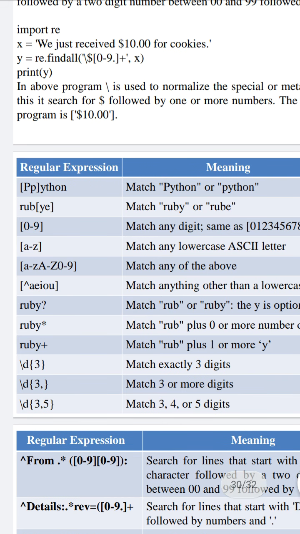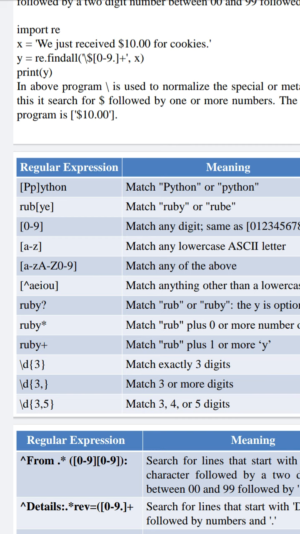We are applying findall and our intention is to search the dollar symbol as it is, but we know that the dollar symbol has a special meaning that indicates "ends with." But here my intention is not to take the special meaning associated with dollar. Instead, I want to search for dollar as a plain character.